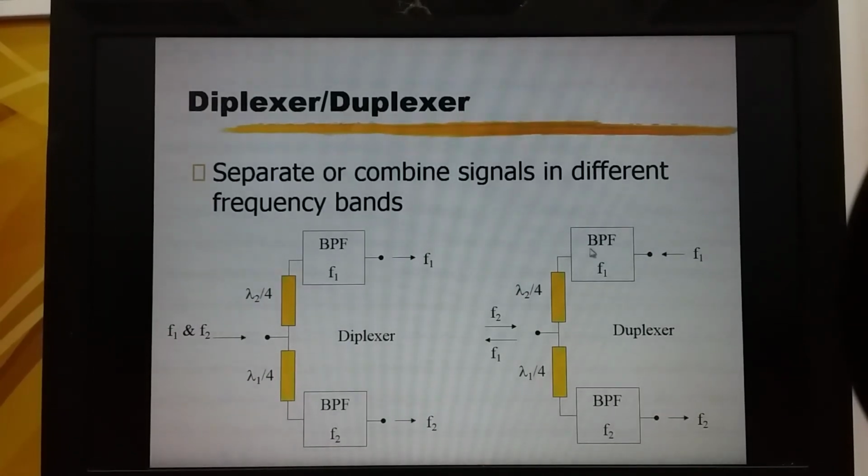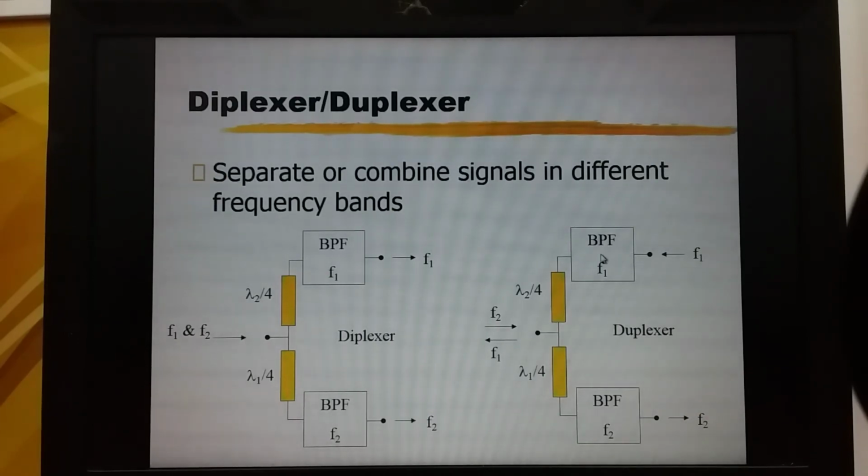In the design of diplexer and duplexer, not only do we need two bandpass filters with different center frequency, typically we will also need quarter wave transformers to improve the performance. For example, as far as F1 is concerned, if the signal frequency is at F1, the transmission coefficient is close to 0 dB.